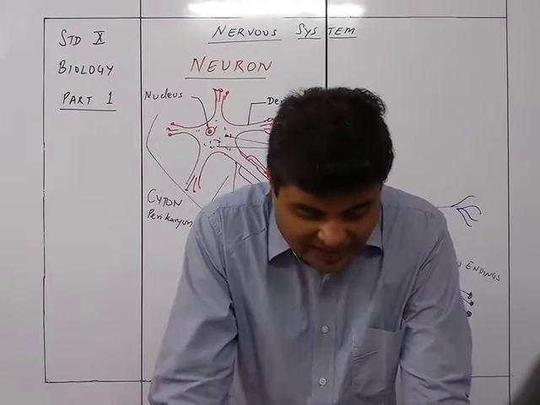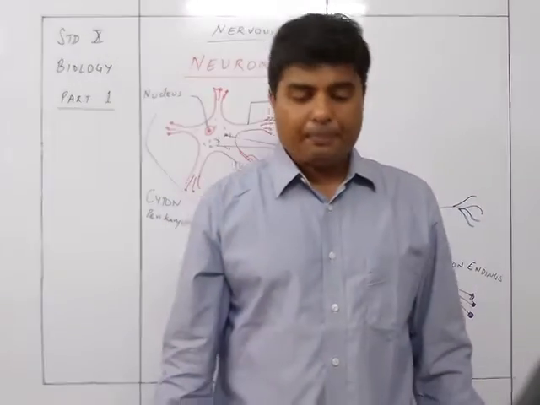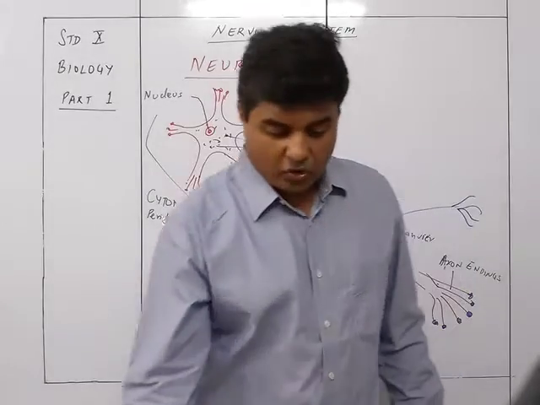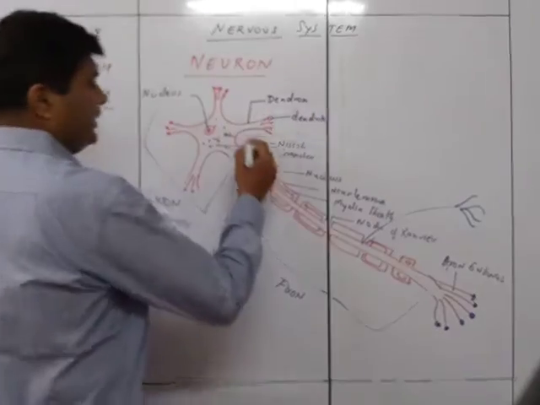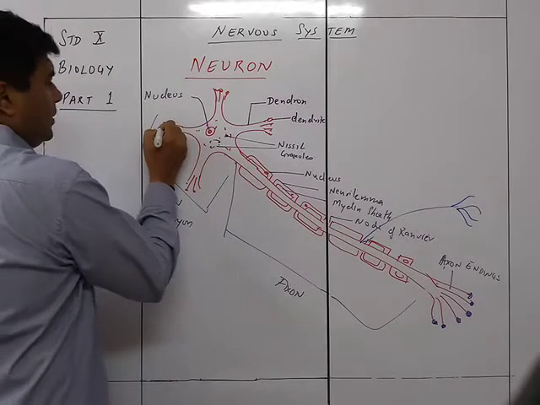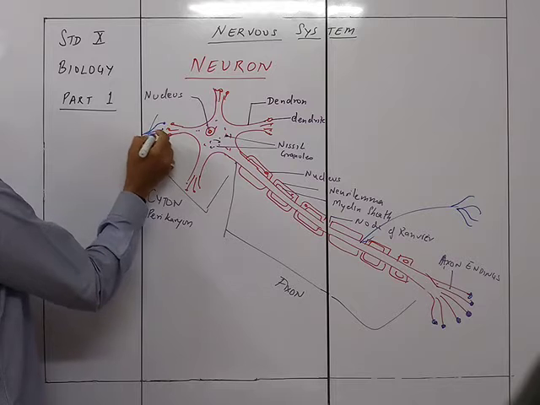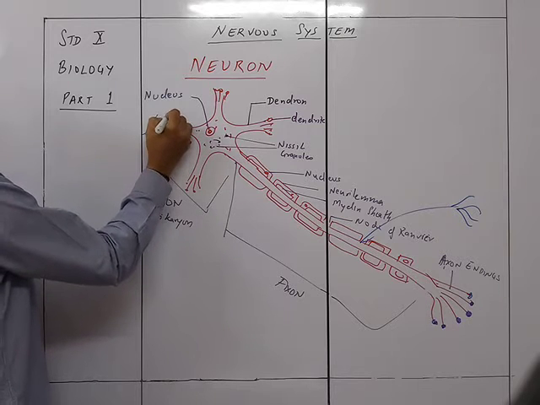Such a gap in between is called a synaptic cleft. If I draw like this, one axon over here and another axon here, there's a gap in between.